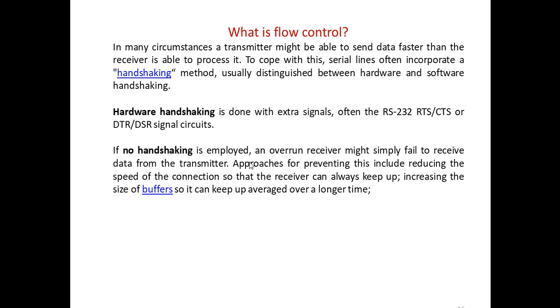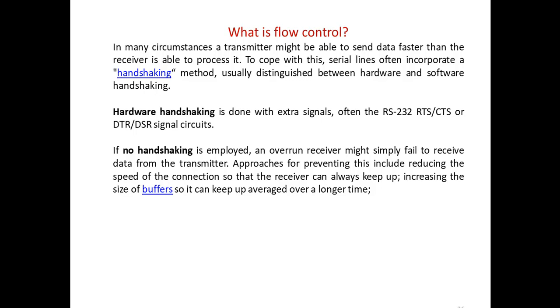There is also another thing called flow control. I explained flow control in previous slides, but I'm going to tell you again what it is. In many circumstances, a transmitter might be able to send data faster than the receiver is able to receive. Remember the baud rate? To cope with this, serial lines often incorporate a handshaking method, usually distinguished between hardware and software handshaking.